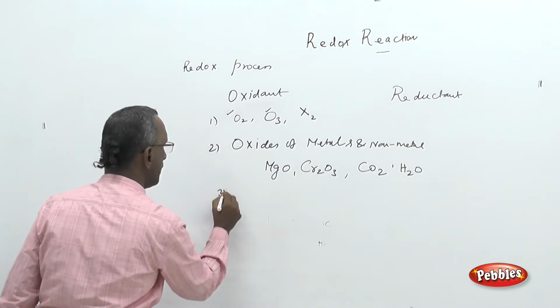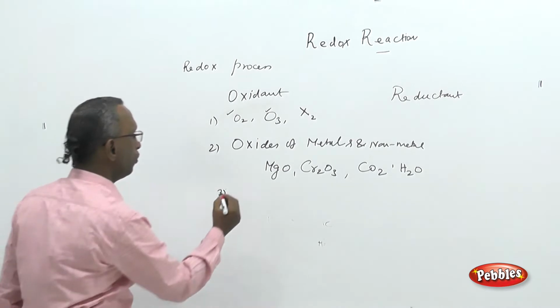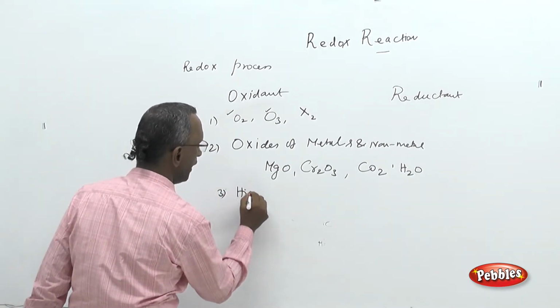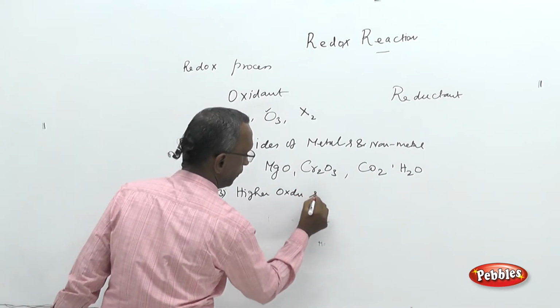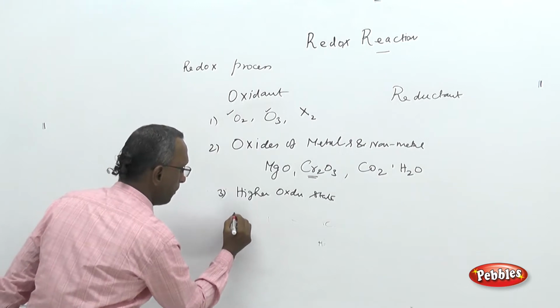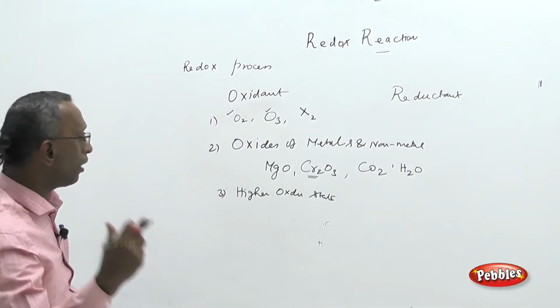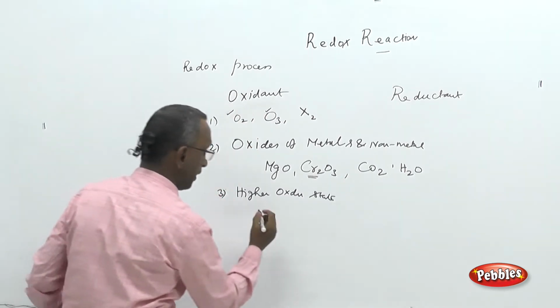Third, which materials can be used as oxidants or oxidizing agents? Those with higher oxidation state. We will see what is meant by higher oxidation state. We have seen about chromium. All the chromium compounds cannot be used as oxidizing agents effectively.